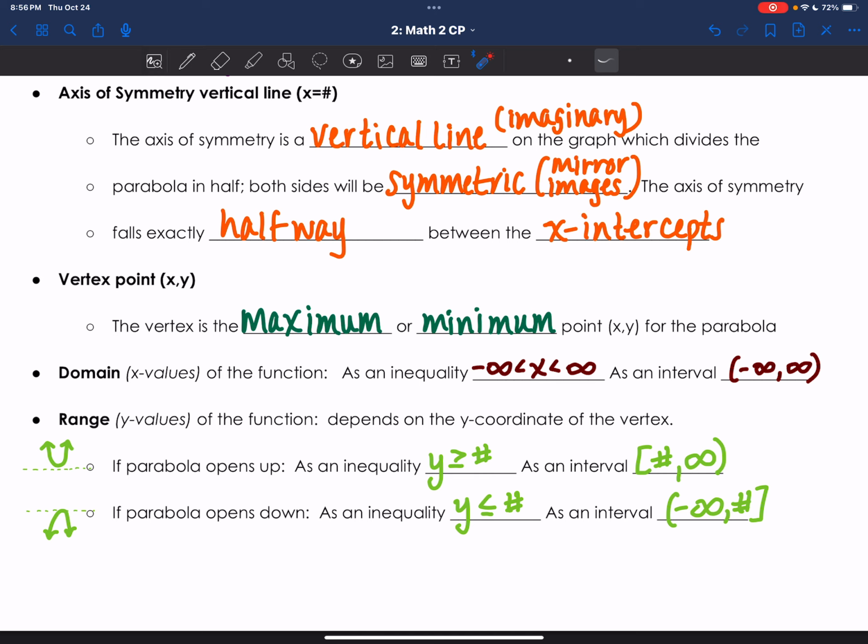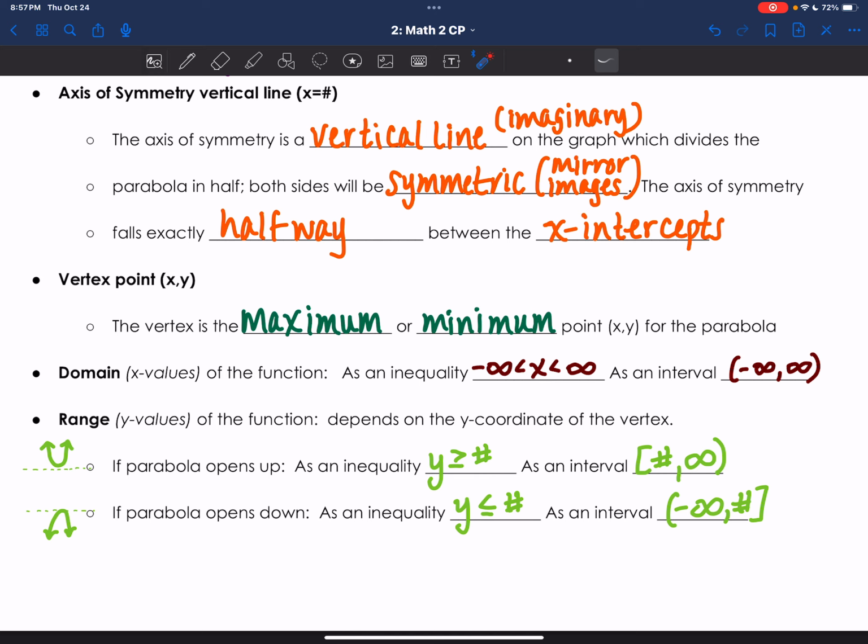And again, if it opens up like this, your inequality is going to be y is greater than or equal to whatever the number is, and the interval is here. So that's a bracket. That means you include that point if there is a point there, and then it goes to infinity. So here, it would be like from here to there to there.